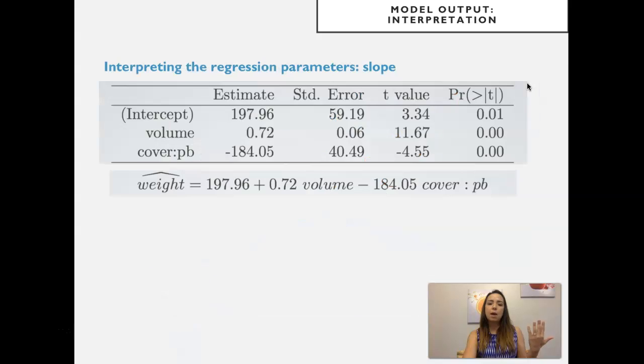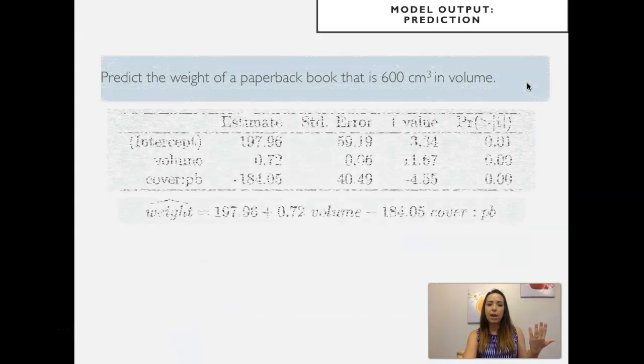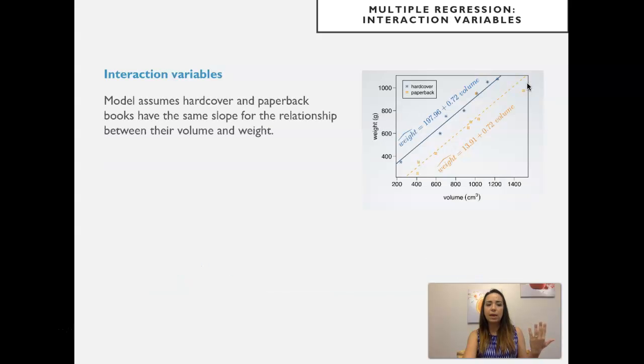The way we set up this model, we have basically two linear equations, one for hardcover and one for paperback, where the only difference is the intercept of these lines.